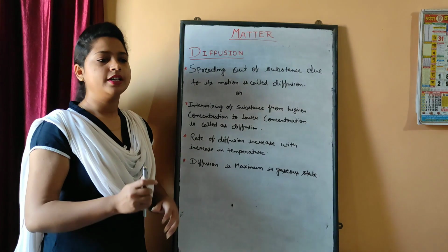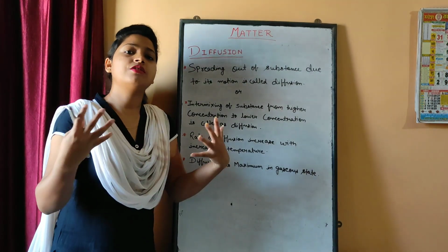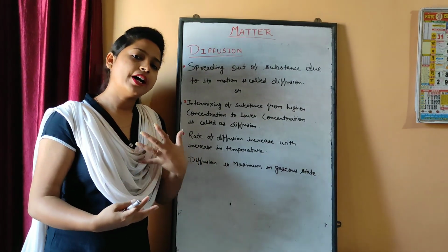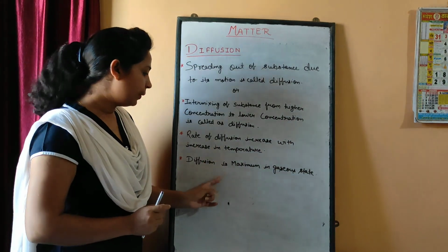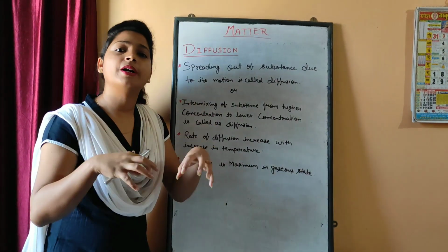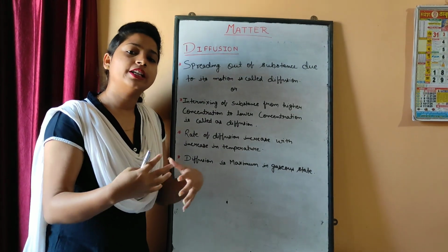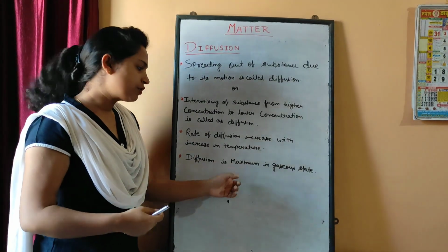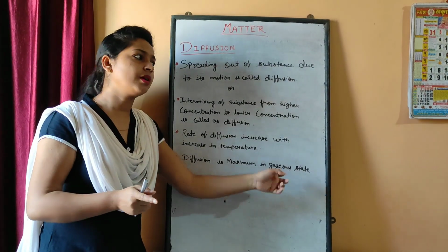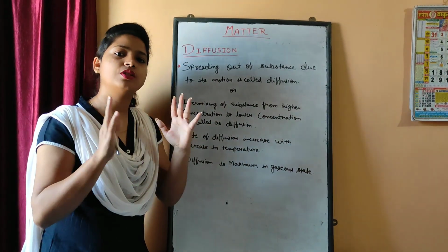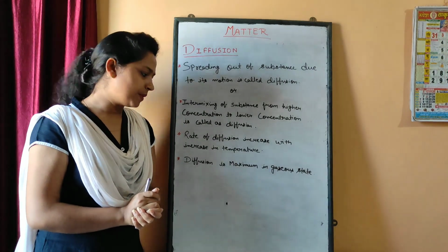Why is it so? We just talked about the intermixing of particles. When is intermixing possible? That is only possible when there is some interparticle space so that the other material can intermix, right? So, in the gaseous state, the chances of intermixing are maximum due to the maximum interparticle spaces.